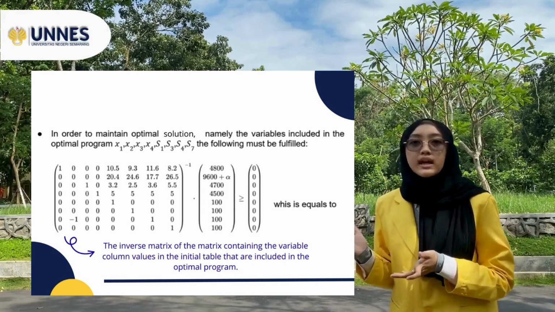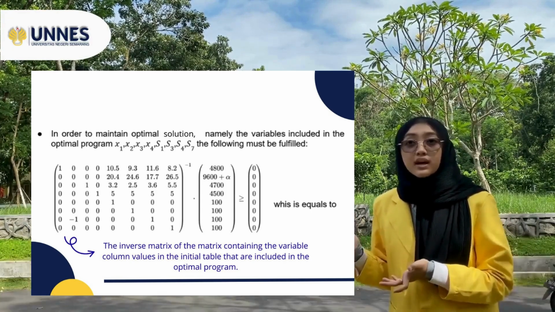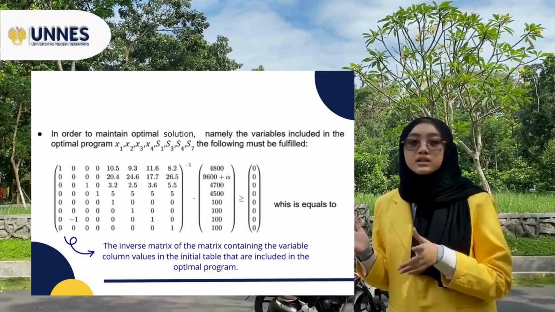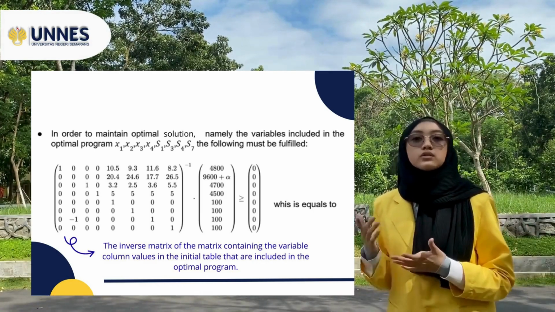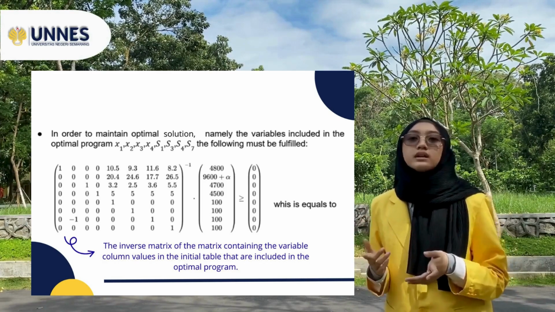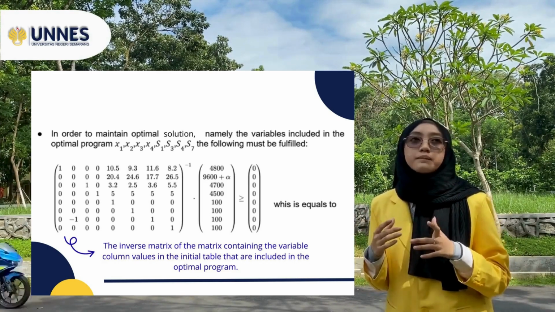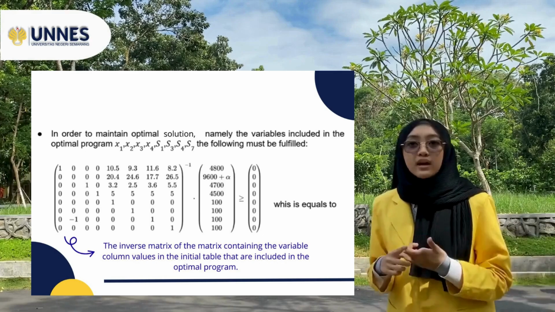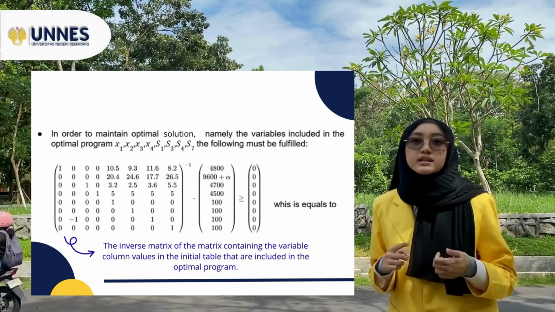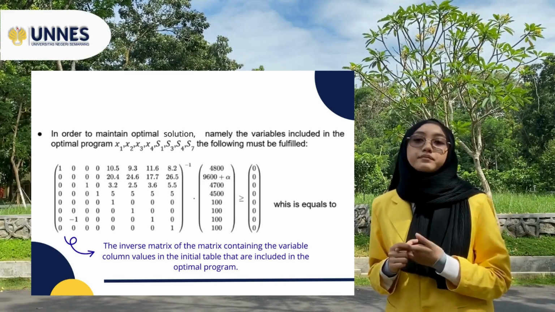Next, in order to maintain the optimal solution, namely the variables included in the optimal program, in our previous calculation we obtained several variables in our optimal table: x1, x2, x3, x4, s1, s3, s4, and s7.